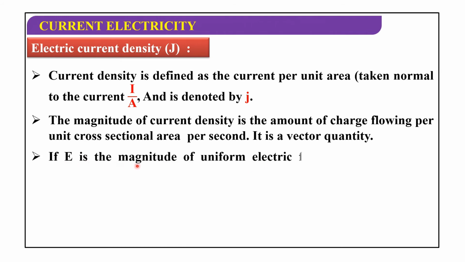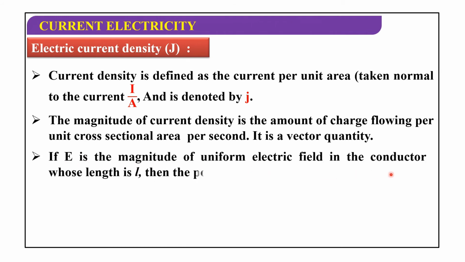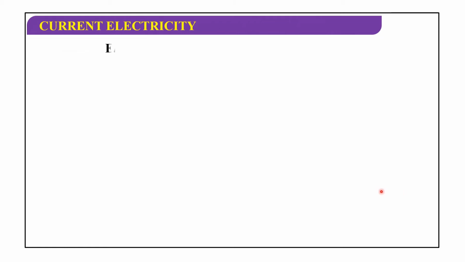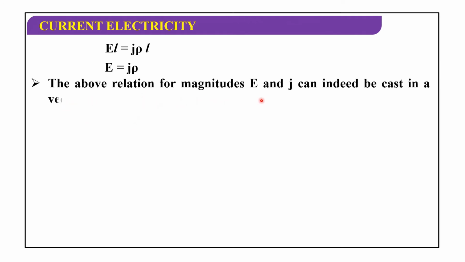If E is the magnitude of uniform electric field in the conductor whose length is L, then the potential difference V across its ends is EL. Now, EL is equal to J into rho into L. So, E is equal to J into rho. The above relation for magnitudes E and J can indeed be cast in vector form.